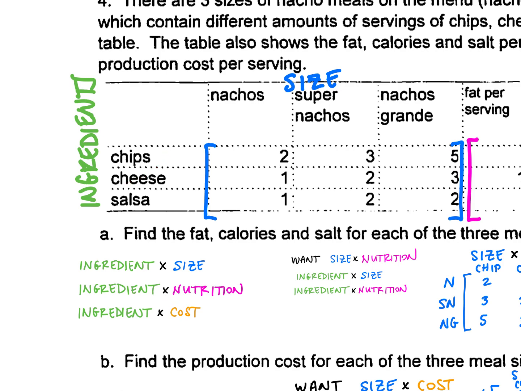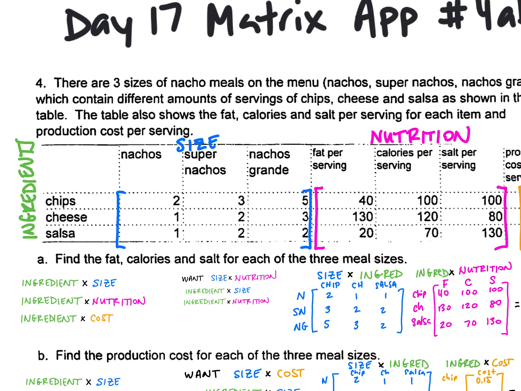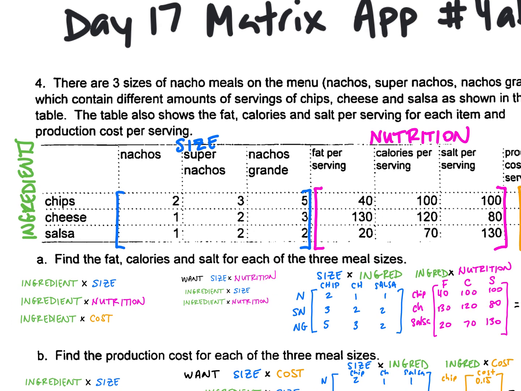So in example A, they want us to find the fat, calorie, and salt for each of the 3 meals. So I think of it this way: I want the size by the nutrition. In order to do that, I need to utilize these 2 matrices, the ingredients by size and the ingredients by nutrition.